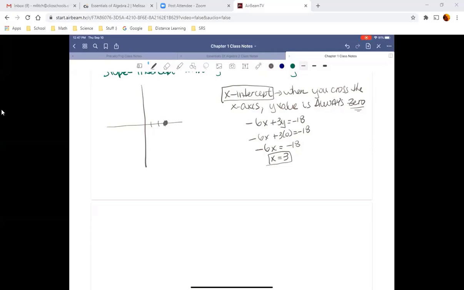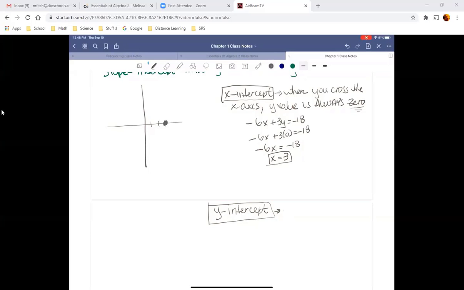All right. So then there's also this thing called the y-intercept. When you cross the y-intercept, your x is 0. Look at that, you already know the answer to this. Exactly. So what happens at the y-intercept?